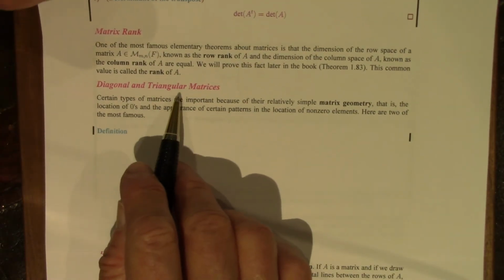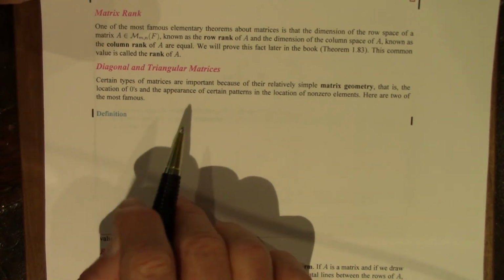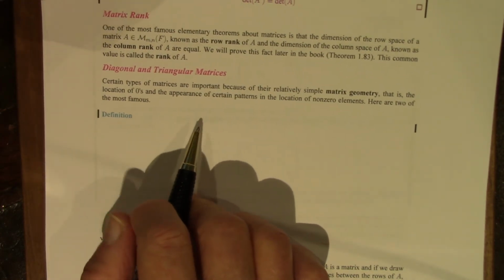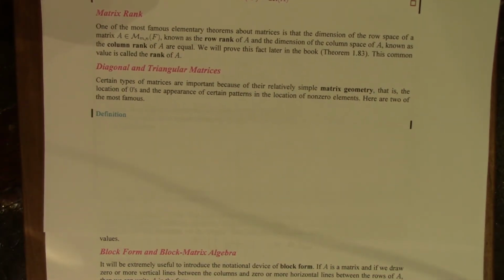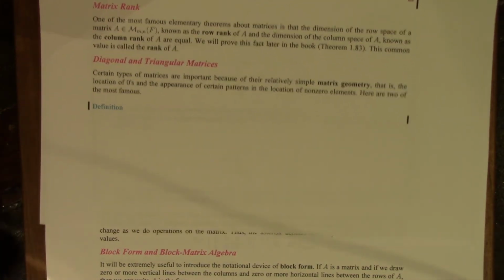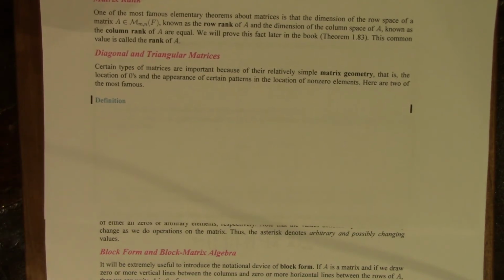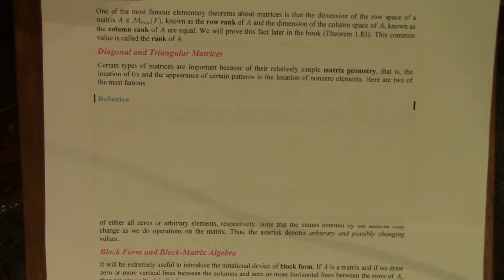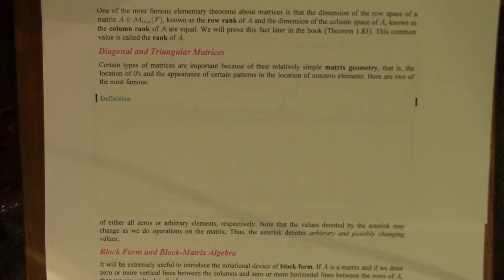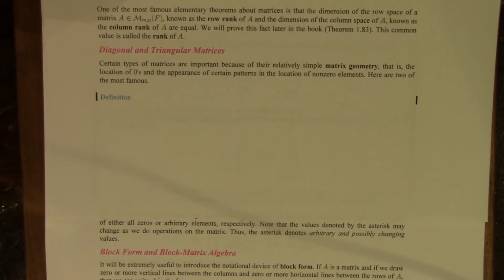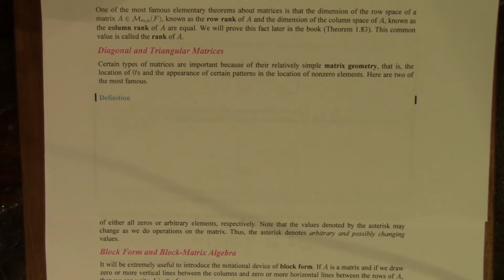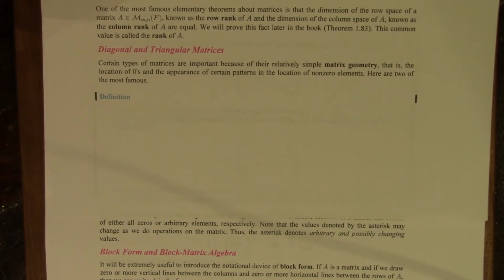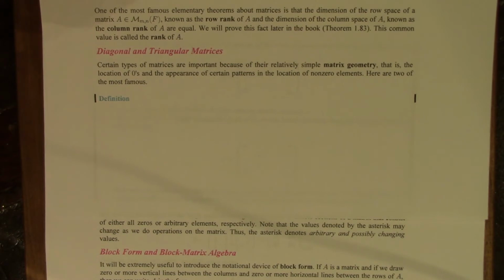Diagonal and triangular matrices. Certain types of matrices are particularly important because of their matrix geometry, which in loose terms is the number and location of zeros. So, where the non-zero elements are congregated, you might say. We're going to describe several matrix geometries that are important in linear algebra.